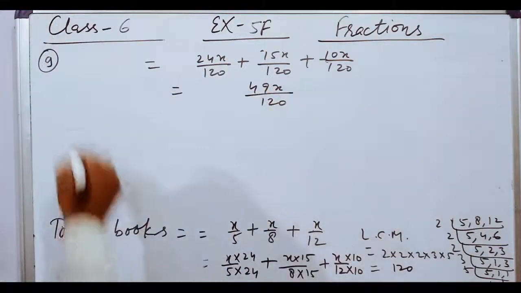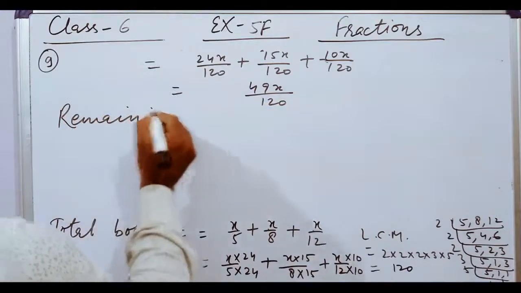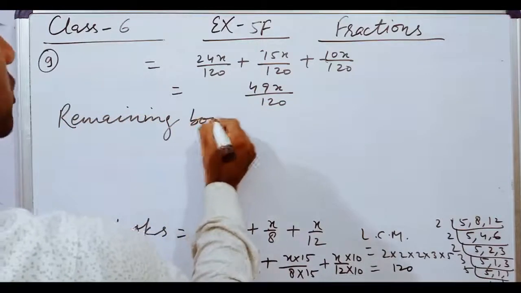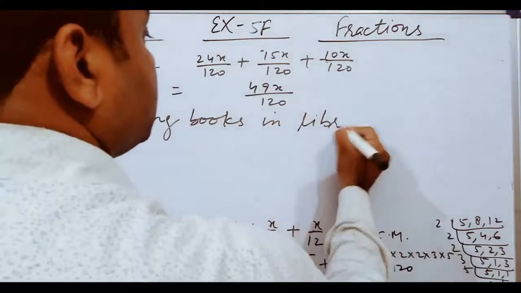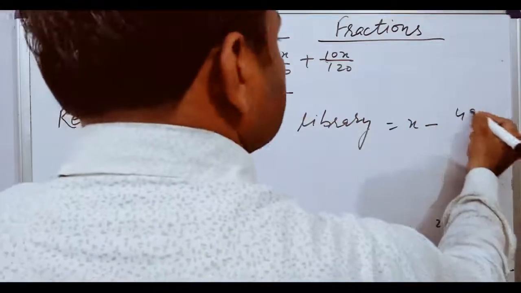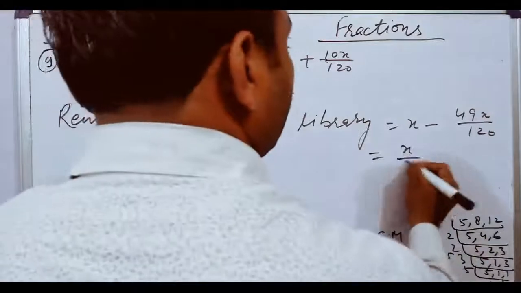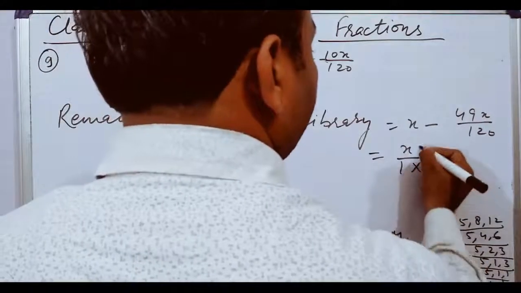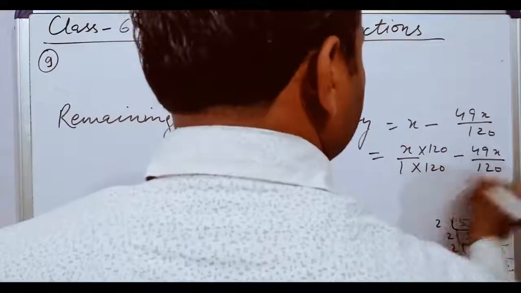Okay, dear students, remaining books in library. Total books x minus these books. So x upon 1 multiply by 120, up and down, minus 49x upon 120.